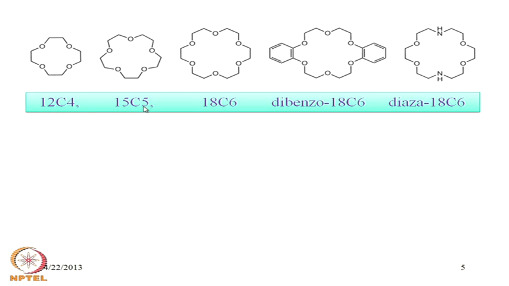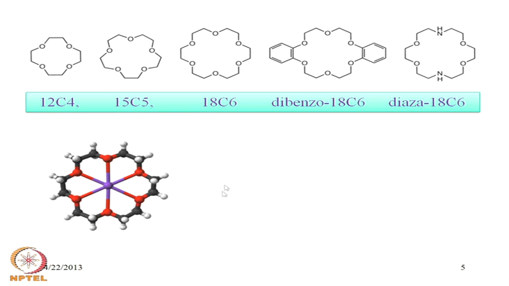Similarly, if we change to 5 oxygen, it is 15 C 5, 18 C 6, and if we have 2 benzo backbones, we get dibenzo 18 C 6 crown ether, and if oxygen is replaced by NH, we get diaza 18 C 6, which is an analog of this 18 C 6 molecule, but 2 oxygen donor atoms of the ether are replaced by 2 aza functions of NH.